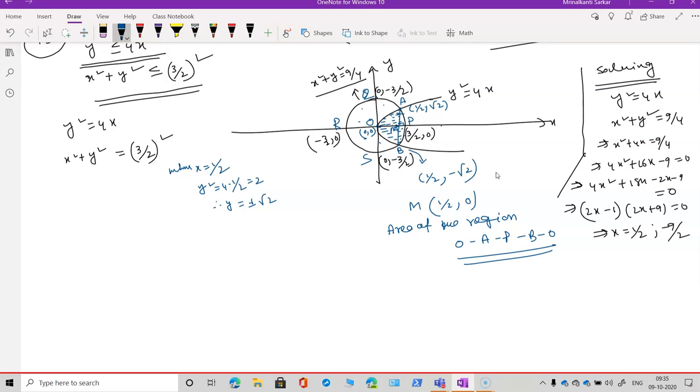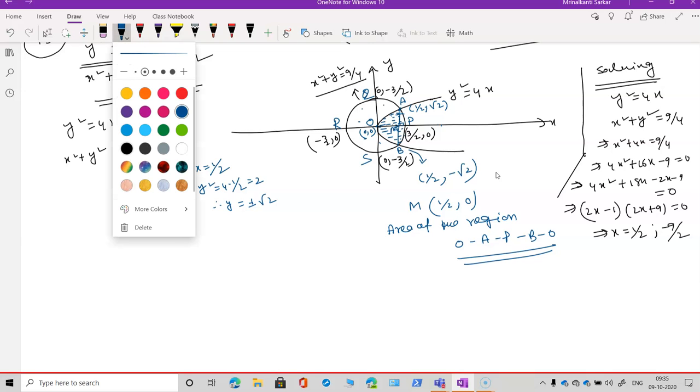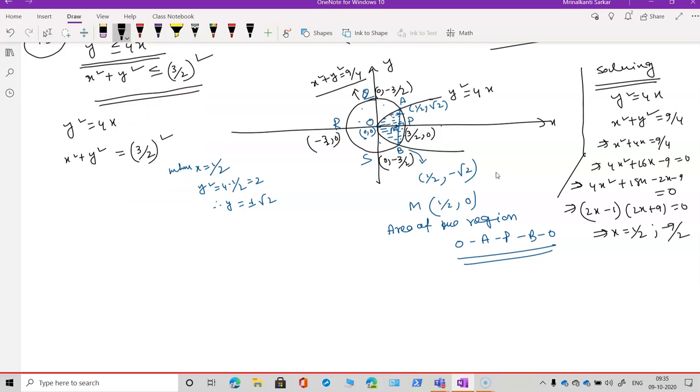This circle is also symmetric about x-axis. So the required area is going to be the area in the first quadrant as well as the area in the fourth quadrant. So you write required area is equal to integral 0 to half. I am going to consider this part first. 0 to half y dx of the parabola.